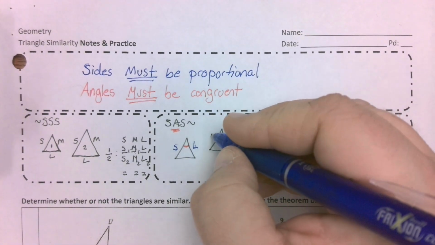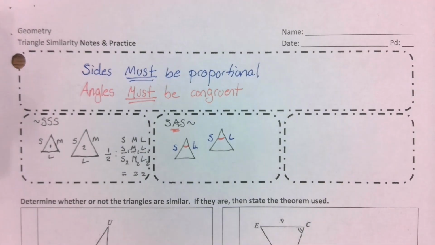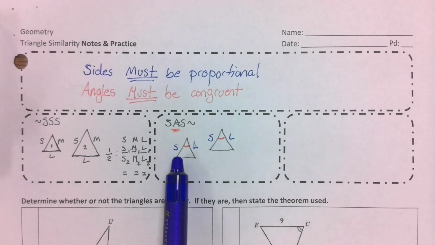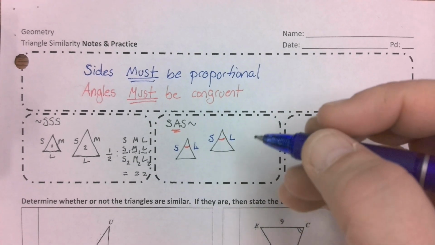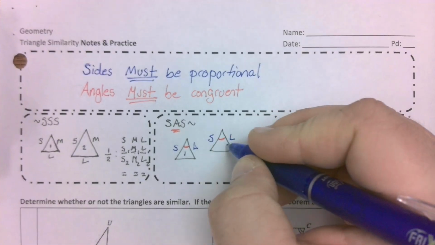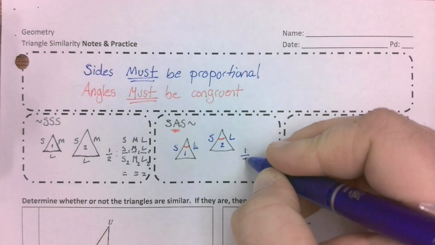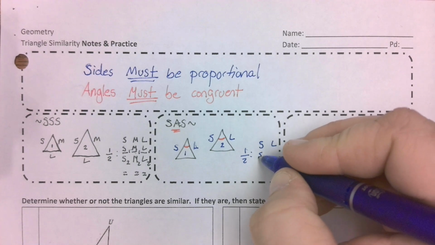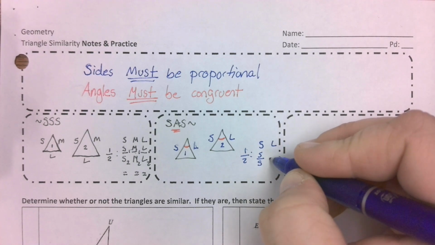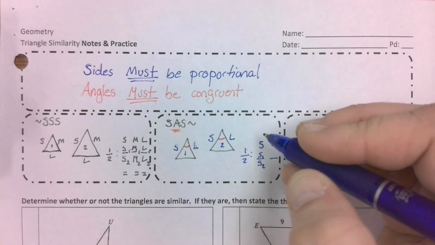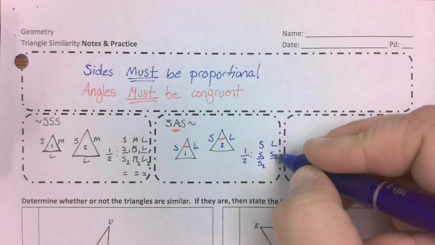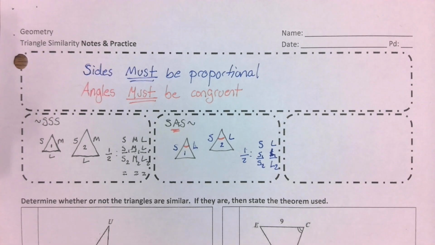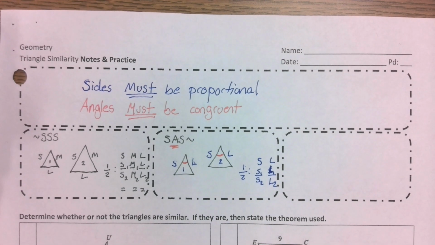Since you only have two sides, you only need two fractions here. If I say this is triangle 1 and 2, comparing 1 over 2, I need a small and a large fraction. So I set it up with small 1 over small 2, and large 1 over large 2. Then I check and see if they're equal.